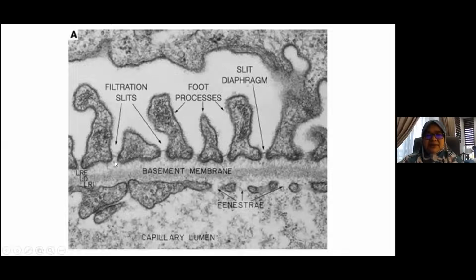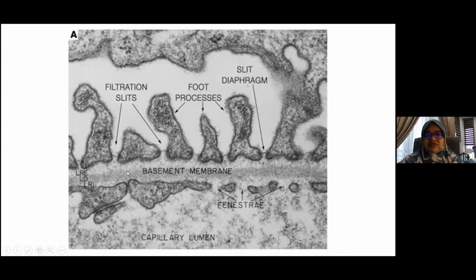Okay, so this is another higher power view, focusing on the glomerular basement membrane. If you can appreciate, there are three layers: the more pale area, the more dense area, and another pale area. So it's like a sandwich. The external-most is the lamina rara externa.